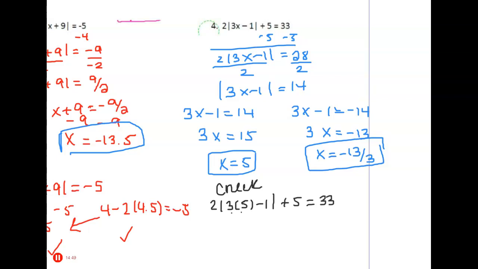Three times 5 is 15. 15 minus 1 is 14. 14 times 2 is 28. 28 plus 5 is 33.